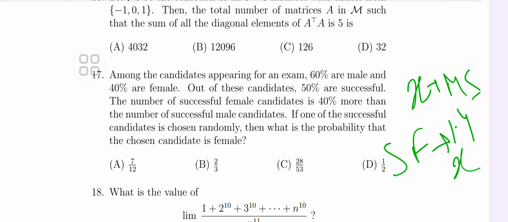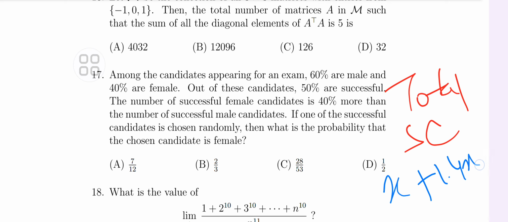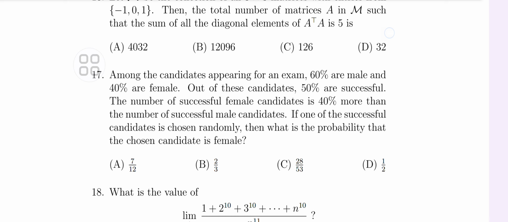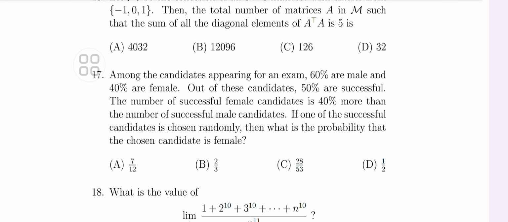1.4x. We know that the total number of successful candidates is x plus 1.4x equal to 50, so x is approximately 20.83. So the number of successful female candidates will be 1.4 into 20.83.